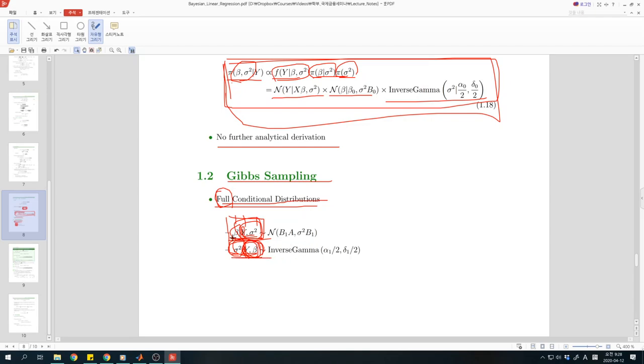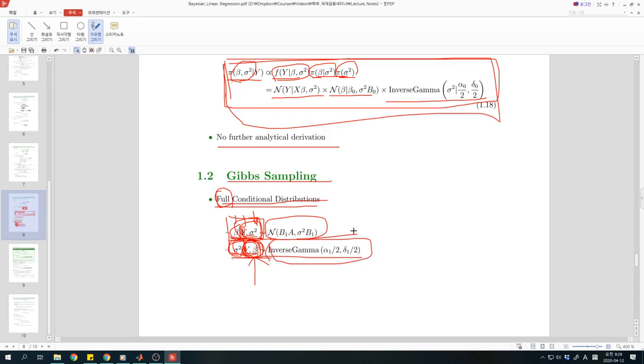And we know that the full conditional distribution of beta is normal, and the full conditional distribution of sigma square is inverse gamma. So once sigma square is given, I know how to sample beta from this normal distribution. And once beta is given, I know how to draw a sample from this inverse gamma distribution.